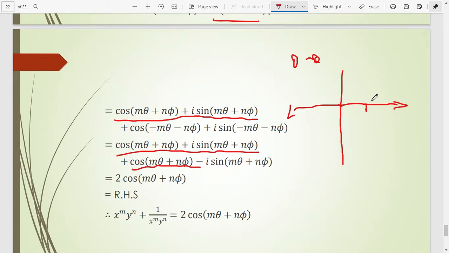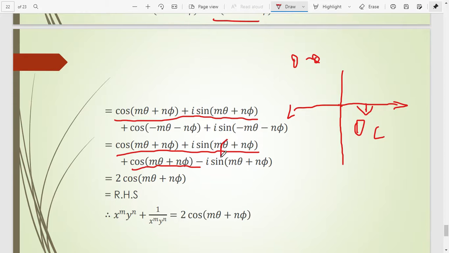So 0 angle minus means fourth quadrant. So cos positive, sin negative. So cos m theta plus n phi, and sin is negative, so minus i sin m theta plus n phi.